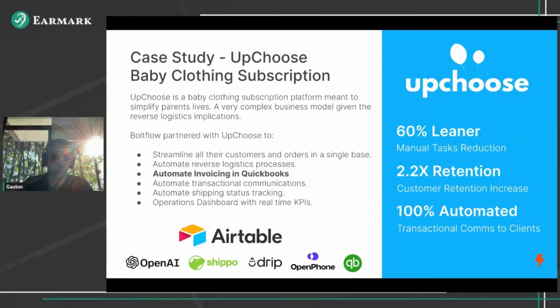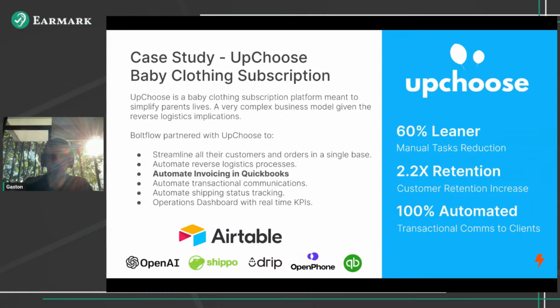So how we helped Upchoose was by implementing an Airtable system that centralized all their operations, all their shipping, and all their comms to their customers. By integrating with their storefront and Shippo, we were able to create all the labels automatically.